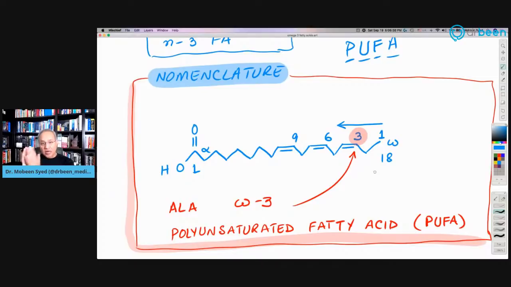And then if you count from the last one and keep going into the earlier carbon atoms, this is 17th, this is 16th, and this is the 3rd carbon from the end, the terminal part of the fatty acid. That 3rd carbon has a double bond in it.